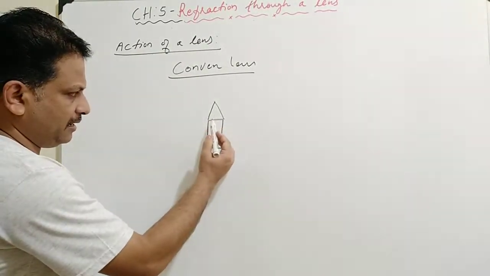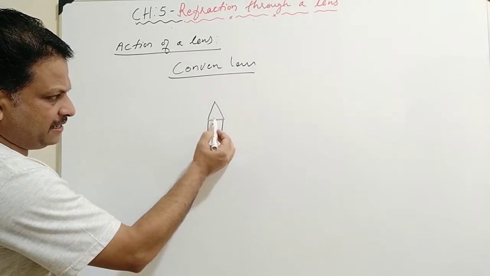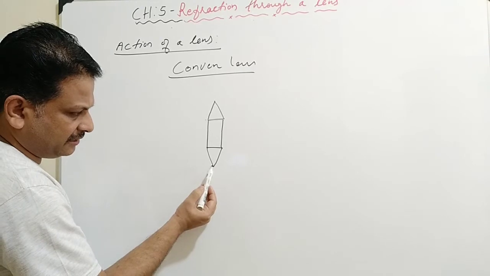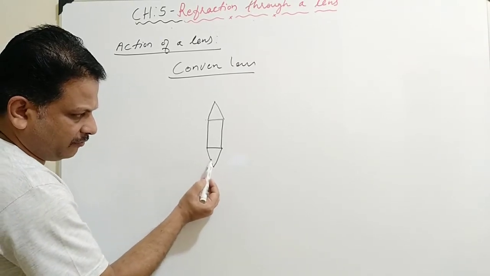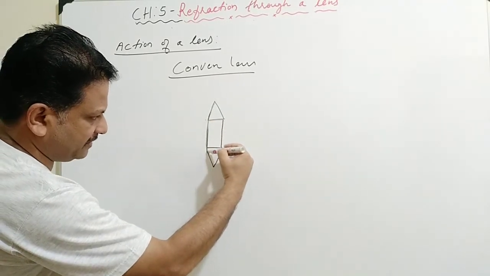You can see that a lens has a prism in its upper part with its base pointing downward, and in the lower part the convex lens has a prism with its base pointing upward. So this forms a convex lens.